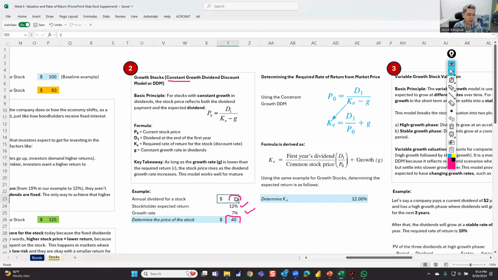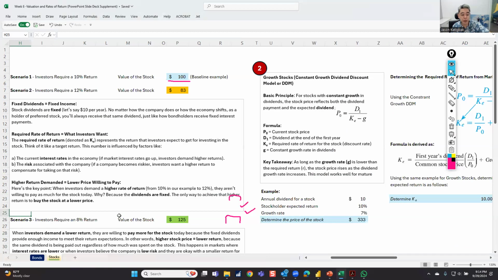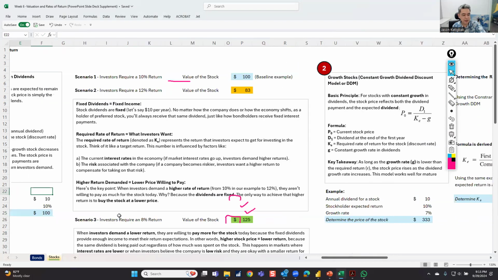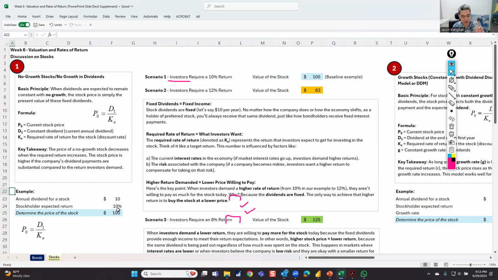So if you say, but what happened to the $10 a while ago? Let's change it to $10, and this is 10%. The expected rate, I'm just making it similar to what we had before. Well, the annual dividend is $10, and the expected rate is 10%.